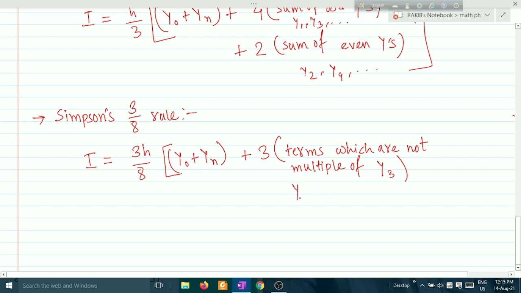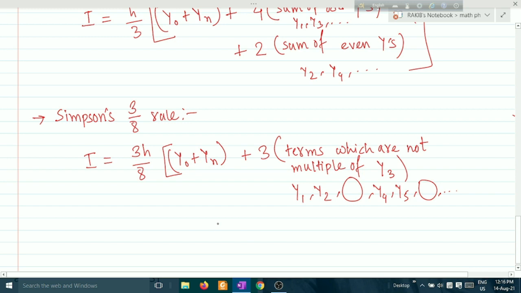That means y1, y2, you are omitting y3 and writing y4, y5, and you are omitting y6 because y6 is a multiple of y3. Y6 is one of the family members of y3. That's why I am omitting it, and so on.